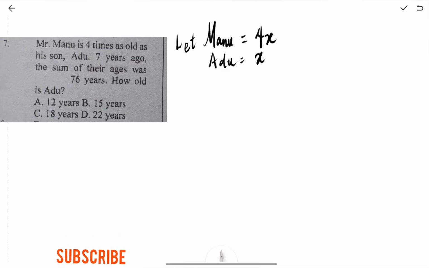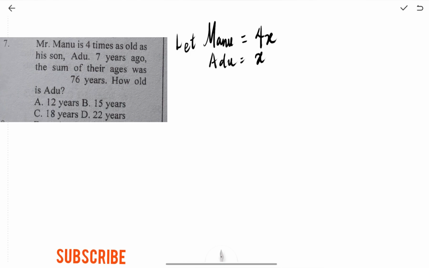So in this question, we are going to have a variable that will represent each of the two subjects mentioned in this problem, and looking at it, there's a relationship between the two of them.